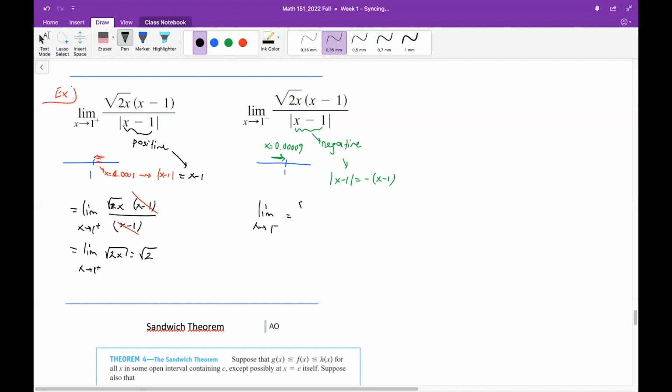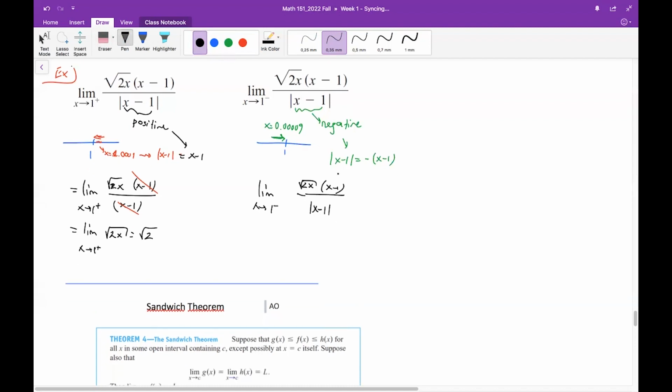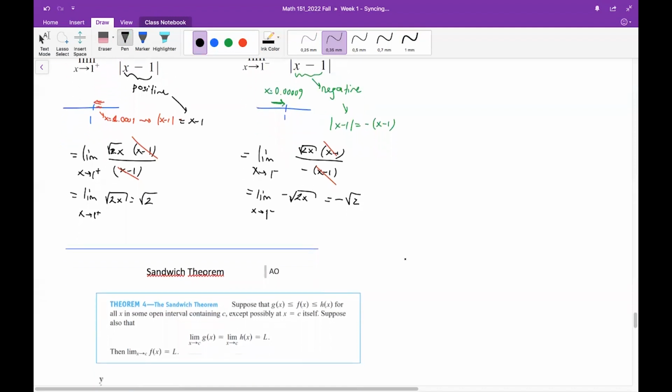From left, square root 2 times x minus 1. As you see, I evaluated the absolute value by putting an extra minus sign in front of it, then these two cancel. As x goes to 1 from left, I am left with this expression, you can insert 1, so the result is minus square root 2 this time.